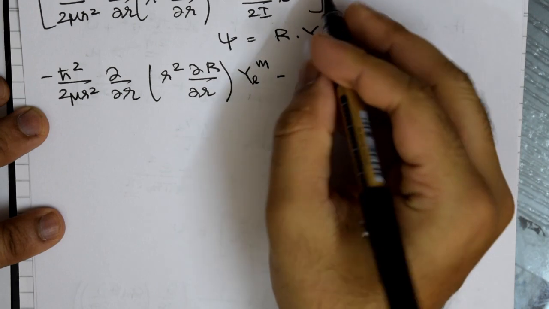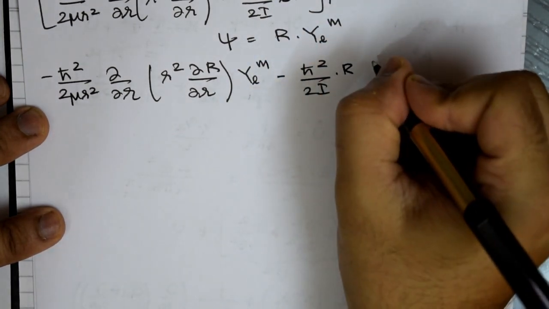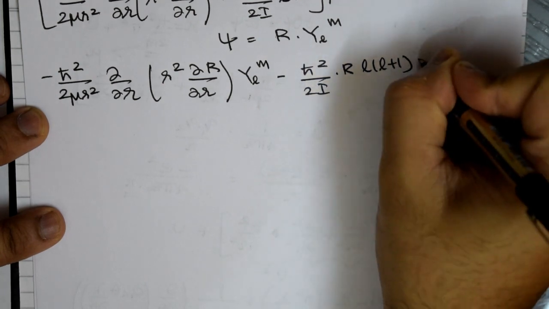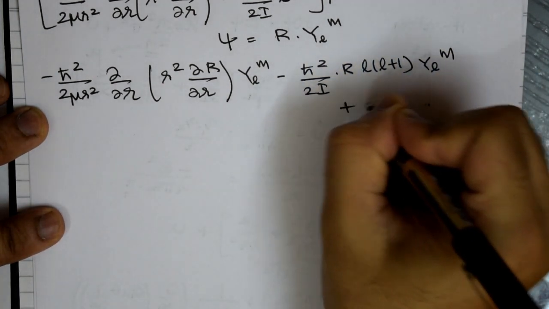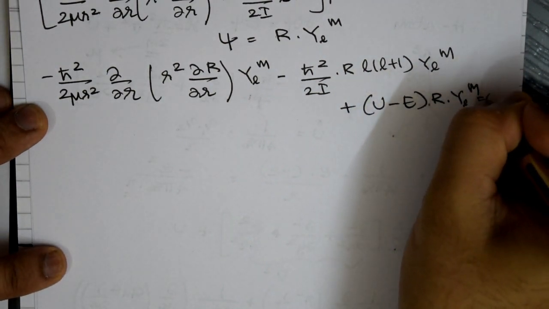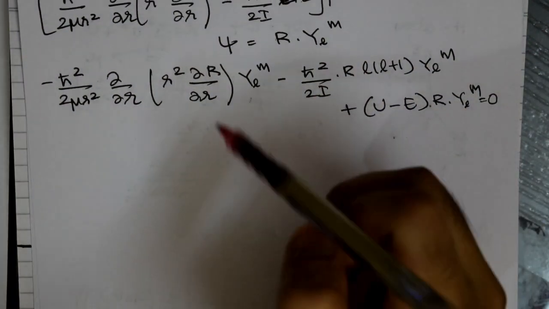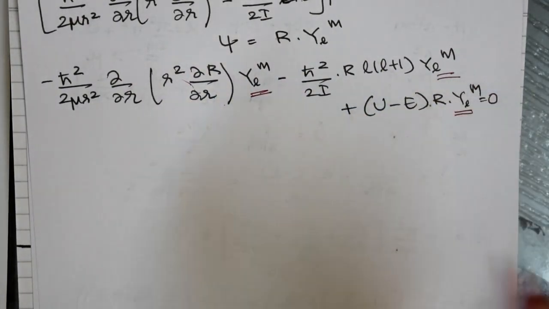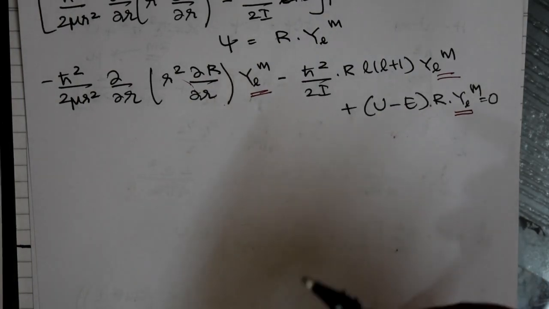Remember, the L square will only act on the YLM part. So you're going to get L into L plus 1 YLM plus U minus E, R times YLM equal to 0. One is able to appreciate the fact that we have YLM common throughout, and YLM cannot be equal to 0 because then it makes it a trivial solution.